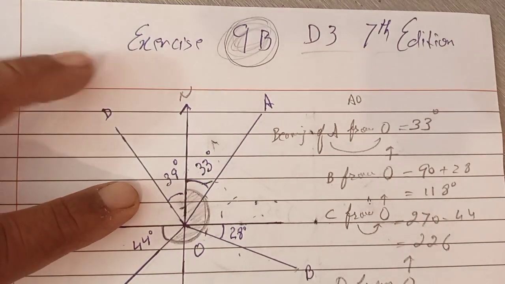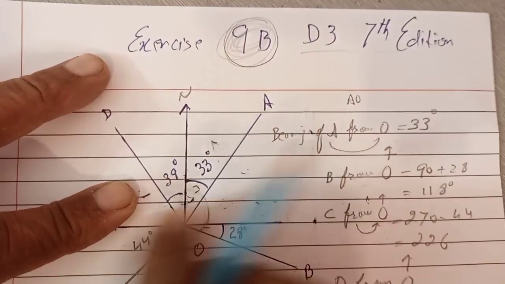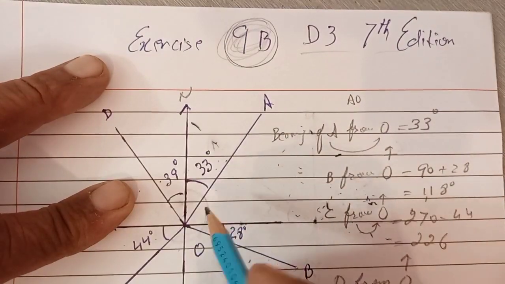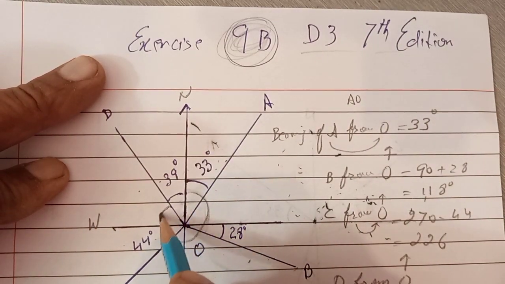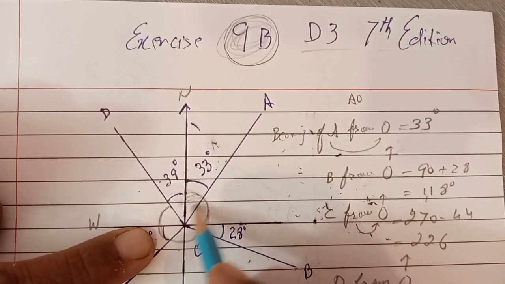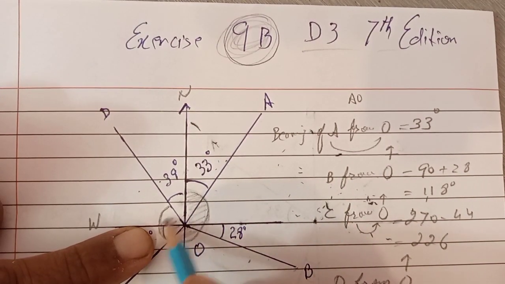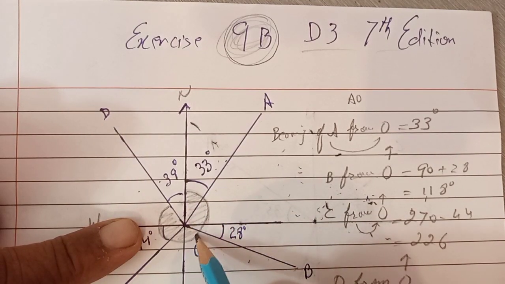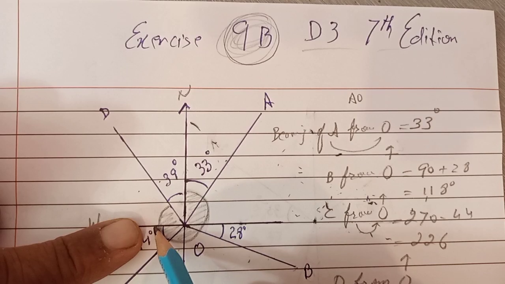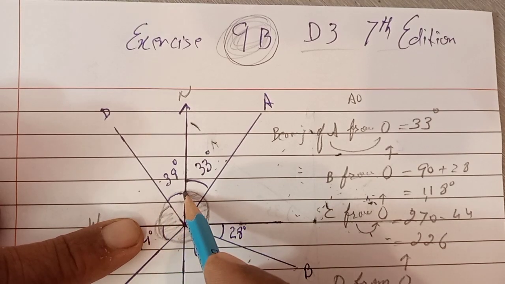Now over here, you have to start drawing an arc from the North Pole up to OD. This is your required bearing. You have to calculate this angle. Now look at how much this is. 90 over here, 180 over here, 270 over here, 360.